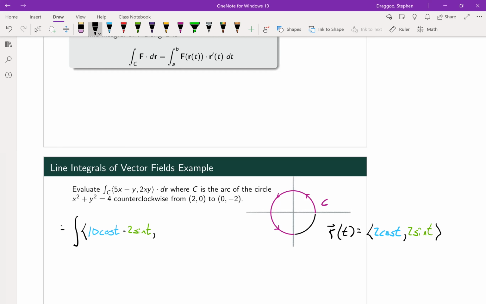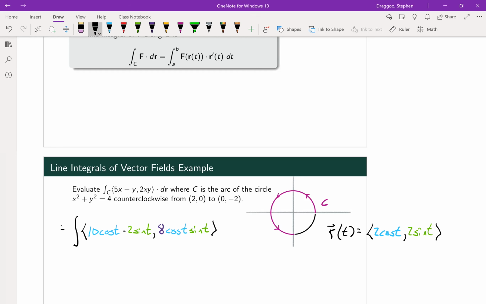What color do we get if we put blue and green together? Let's just do purple. Everything comes out purple. I don't even think that's remotely true, but whatever. 2 times 2 times 2 will be 8. And then again, we'll have that cosine t from the x part, and we'll have sine t from the y part.